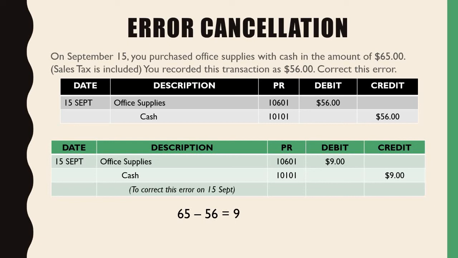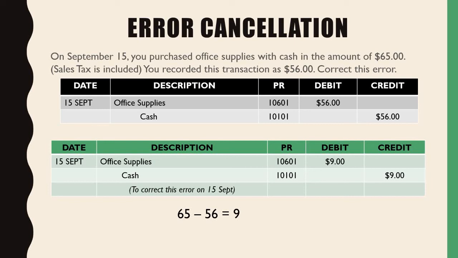Okay, it happens. It's human nature, right? So this one needs extra thought. You need to think about what makes sense. If I have too much or too little office supplies, how do I fix it? And that's where you can make another mistake that you have to correct afterwards.